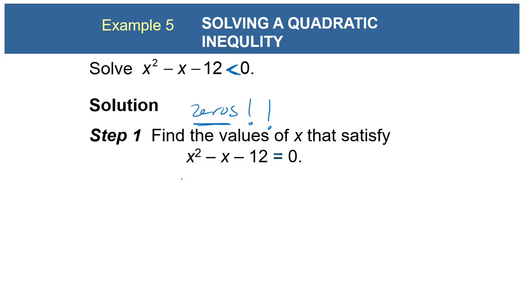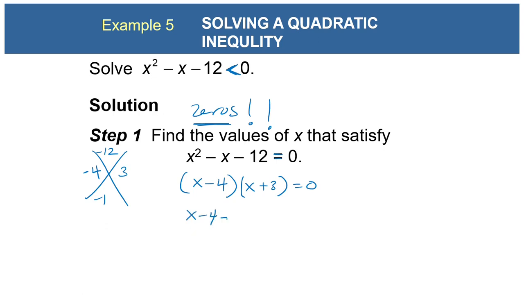Now in order to solve this, we'll factor. This is x minus 4 times x plus 3 is equal to 0. From the diamond method, we have negative 12, negative 1. The two numbers are negative 4 and 3.